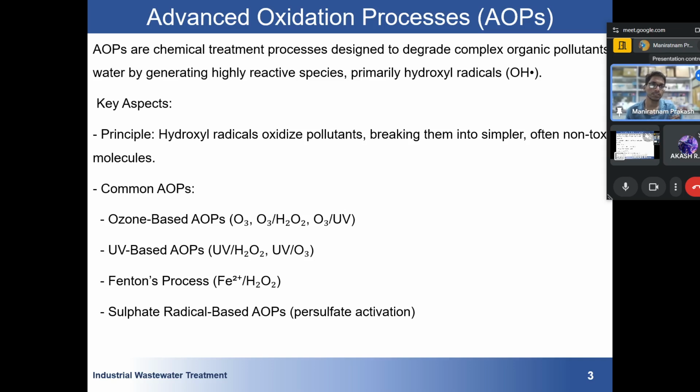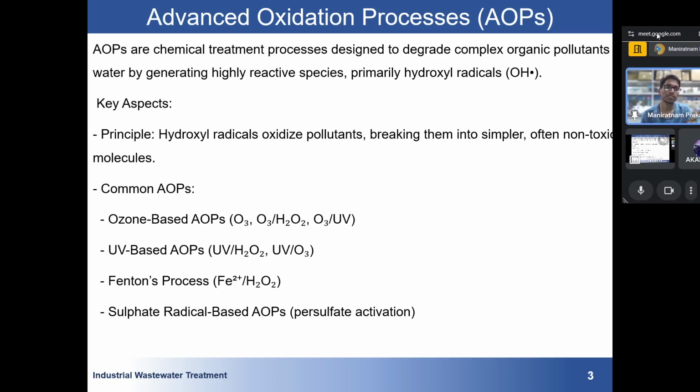This is the recap of the big three, where we saw that AOP occurs through OH radicals, and there are different methods to produce OH. We can produce it with the help of ozone-based AOP, UV-visible AOP, Fenton's process, and sulfate radicals.